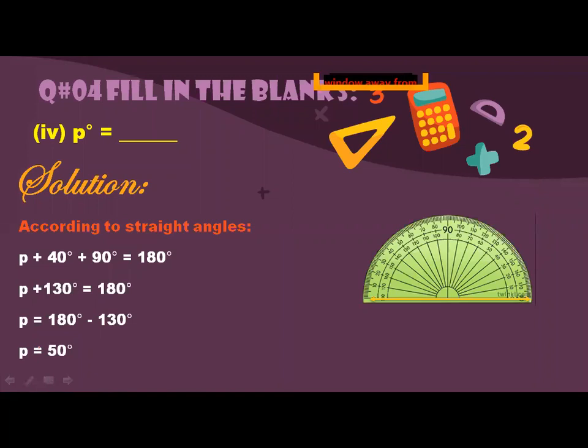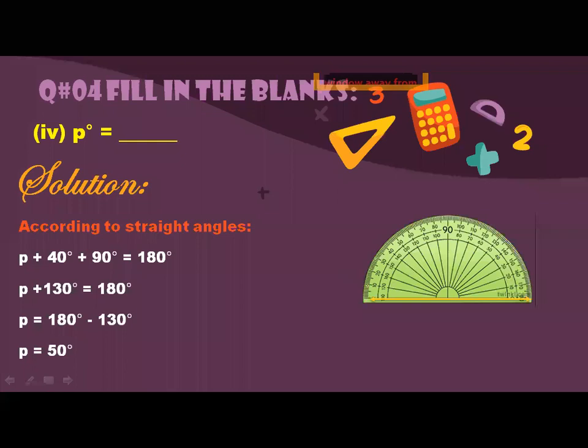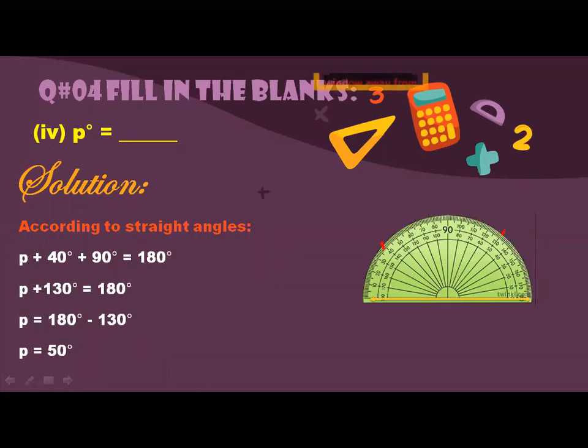Now if you remember, we have to draw the angle of 40° on the left side. So as you can see, on the left side we will read the outer scale. We are going to form the angle of 40° here, and on the right side we are going to form the angle of 50°. After that you will remove the D and draw the line here.